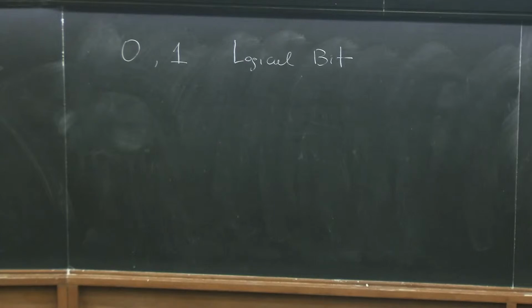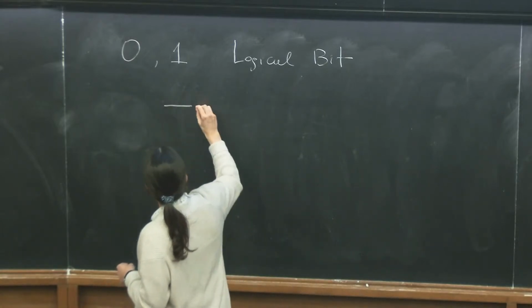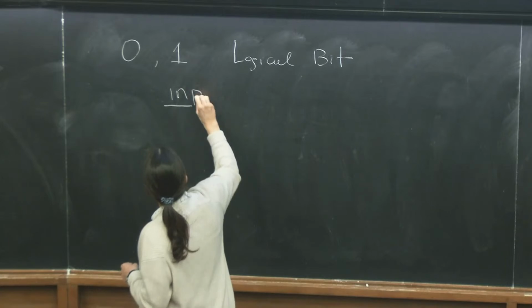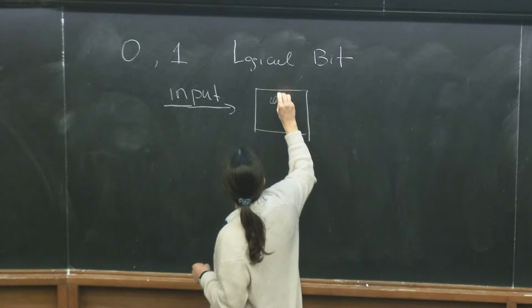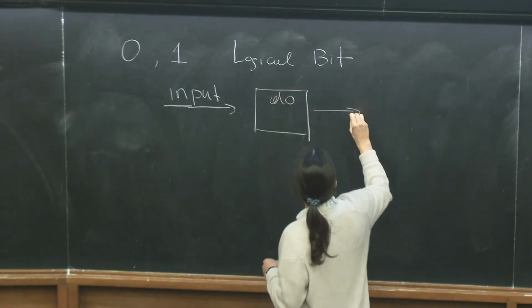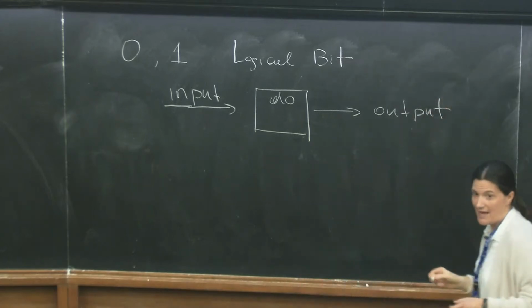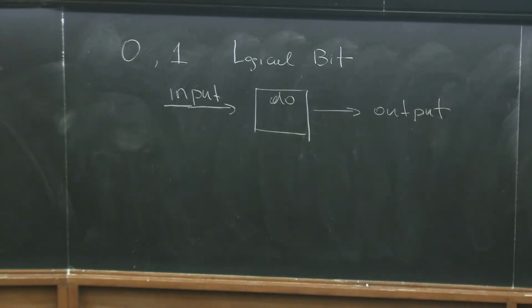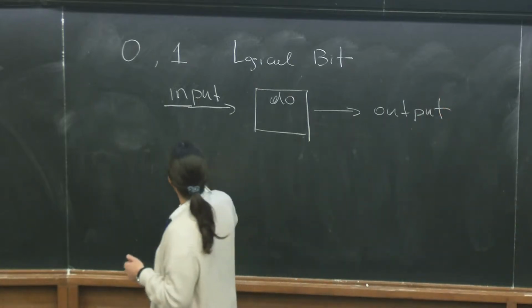In logical circuits, you have some kind of input, then you do something, and then you have an output. To do that, you must have some function or computation you work on. In a logical circuit, you have these gates, and there are many of these gates.